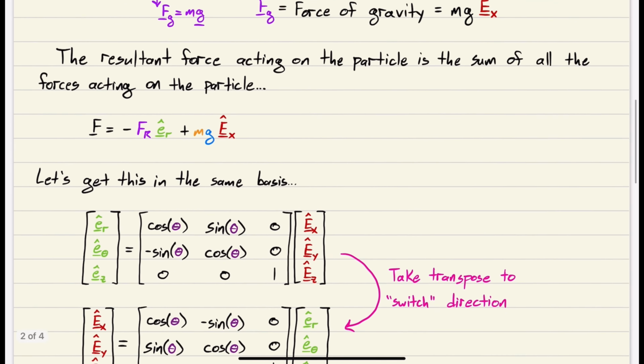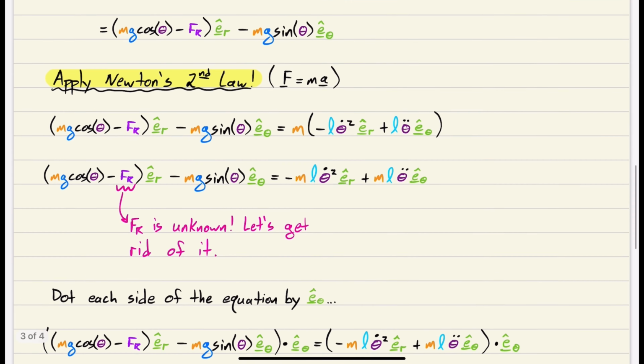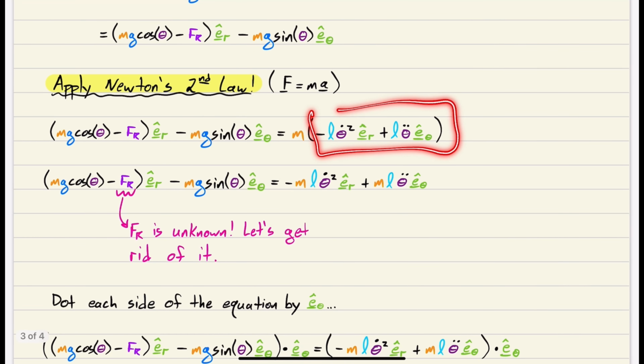We found that right here. Then we multiply a times m. I sometimes forget this m. Don't forget the m: we're doing m times a. I'm just distributing the m for this next step.